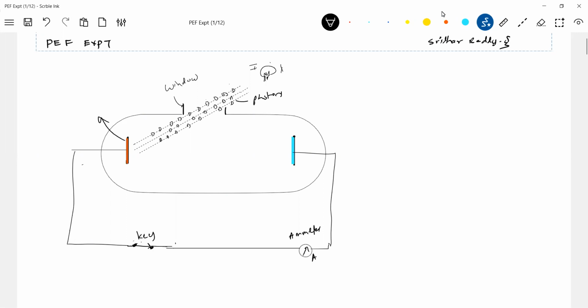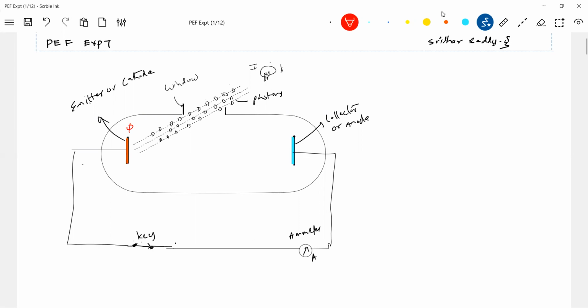So this is called an emitter, or a cathode. This is called a collector, or anode. And the metal of the emitter or cathode will have a work function phi. Now a light is incident, the photons are incident.